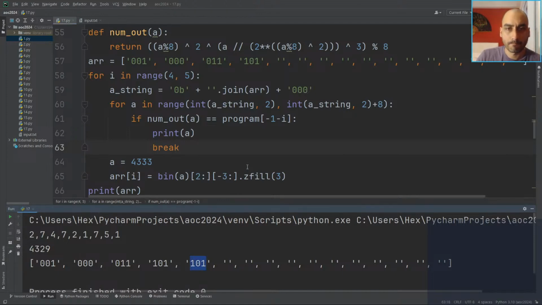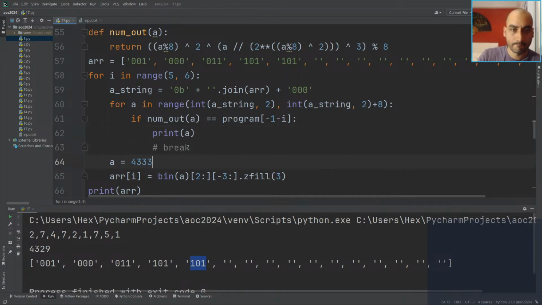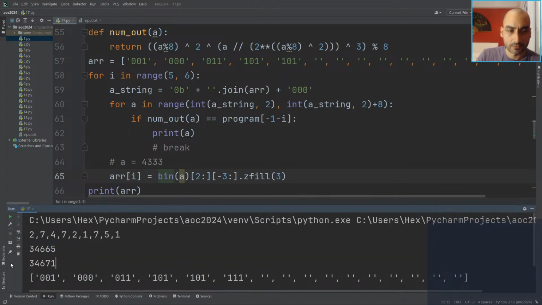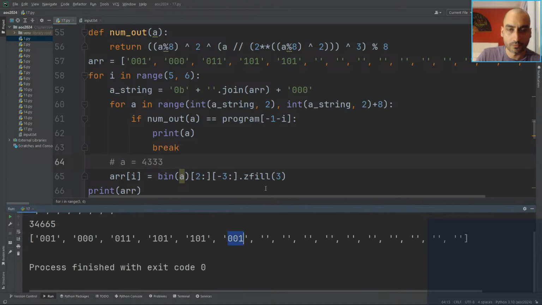One, 5, 6. Well, now there's 2. Go with this one then. 001.